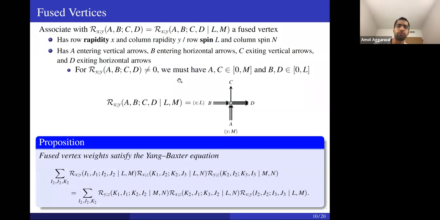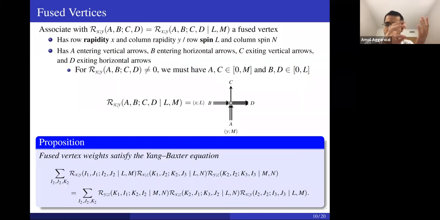Okay, so I will often draw these fused weights diagrammatically as having a single vertex, but now I can have multiple arrows entering and exiting through it. And of course, for this to make sense, you'll need A and C to be in 0 through M, because my original rectangle had M boundary locations, and therefore I could only have between 0 and M arrows entering vertically.